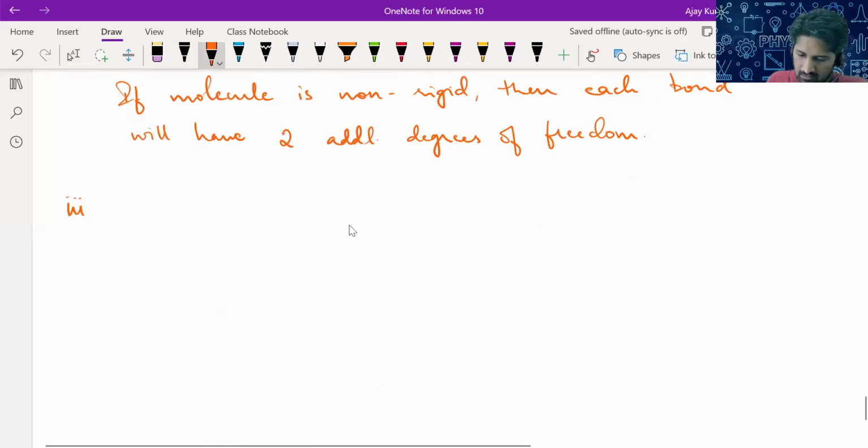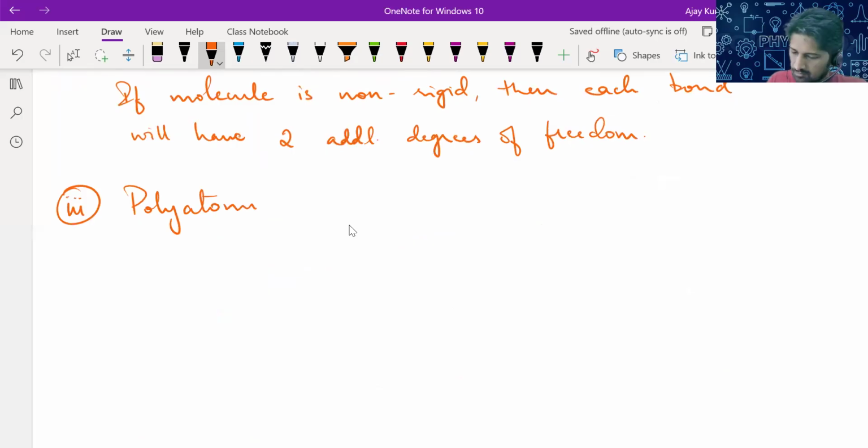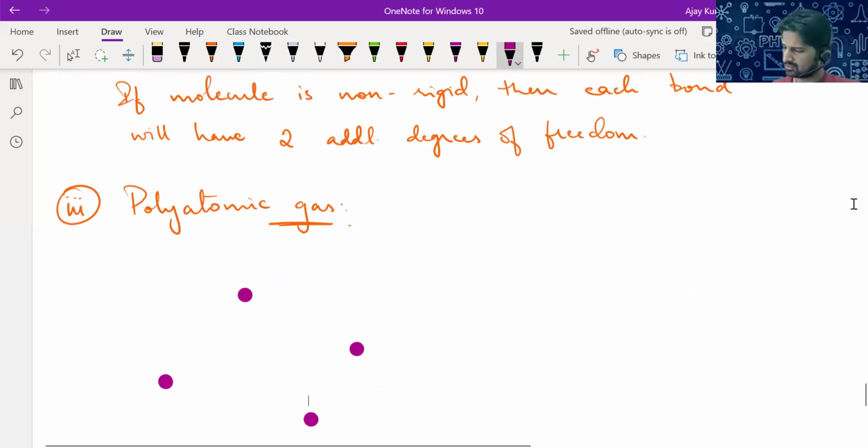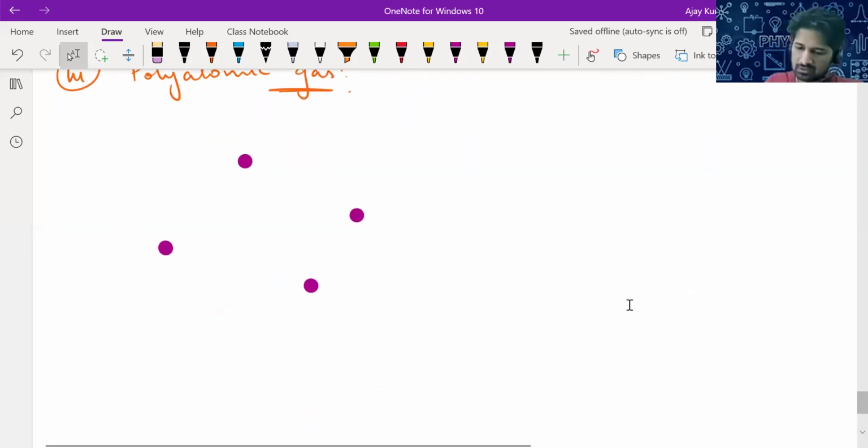Next, polyatomic gas. Now consider a molecule which consists of many atoms like this. 3, 4, or anything more than 2. Now the center of mass of this system would lie somewhere here.